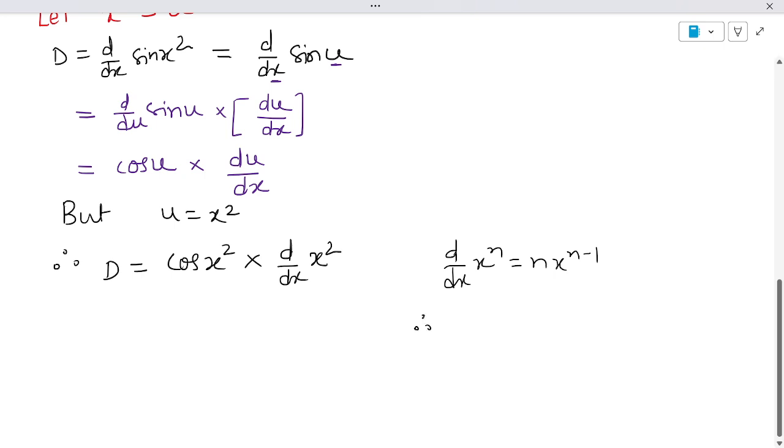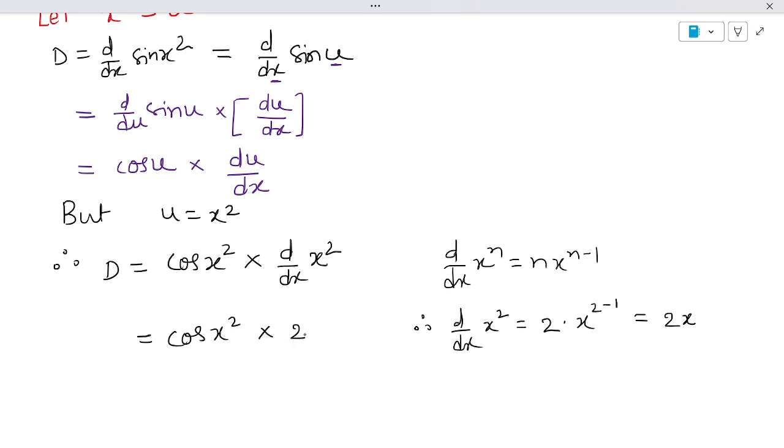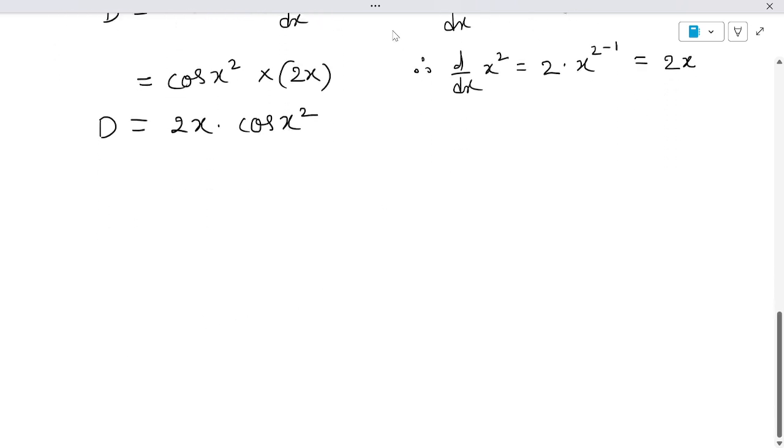So therefore derivative of x square is, n की जगह 2 आएगा. So it is 2 into x to the power 2 minus 1 and hence it will be 2x to the power 1, that is 2x. So this equals cos of x square into derivative of x square, which is 2x. So the final answer is twice x into cos of x square. So this is the required answer.